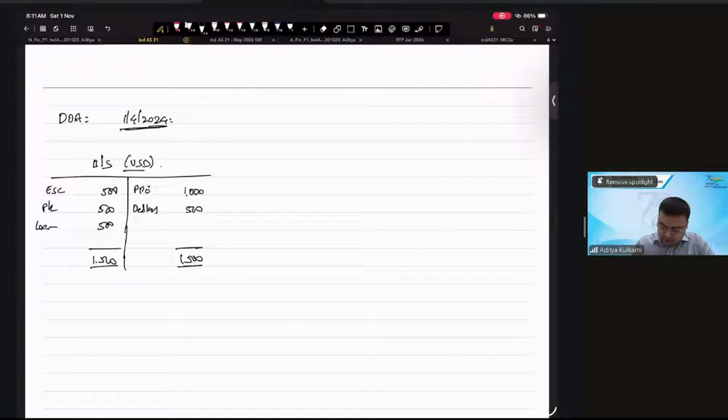This is your balance sheet on the date of acquisition.